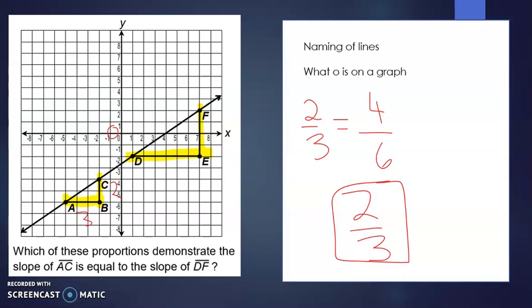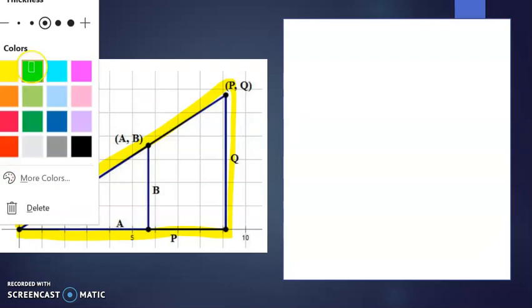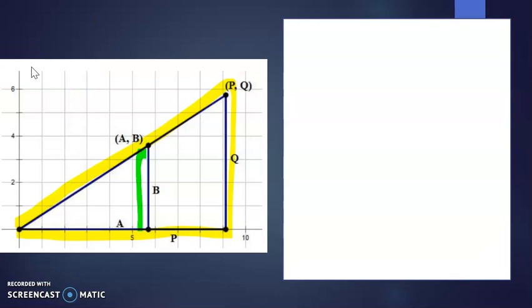Sometimes slope triangles look a little bit different. These are two triangles. There is a huge triangle right here, and that is proportional to the triangle that is right here. So we're going to have to put some more letters here.